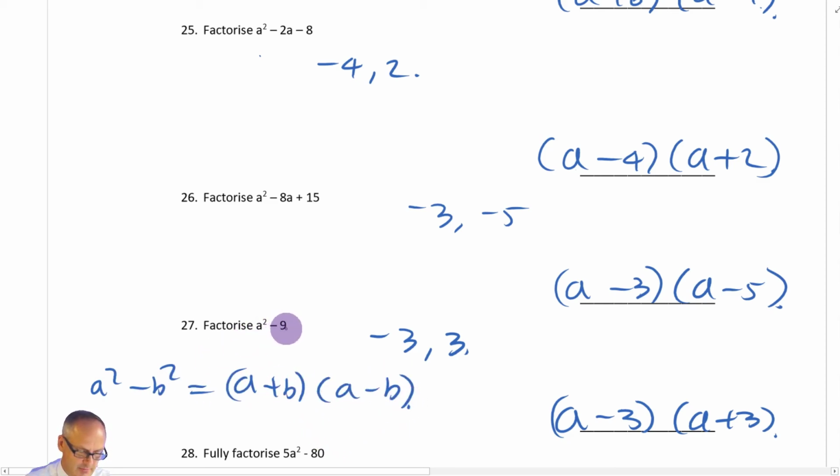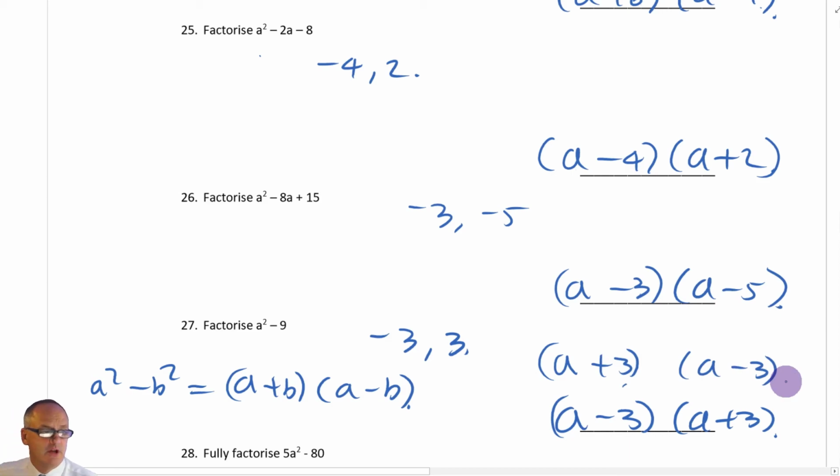In this case, my b is going to be 3, because 3 squared is 9. And you notice I've got a plus 3, a minus 3 as my 2 factors. Notice the order doesn't matter. So you could actually write a plus 3, a minus 3 on this, and it will still give you the same answer. Order never matters on any of these double bracket factorisations.